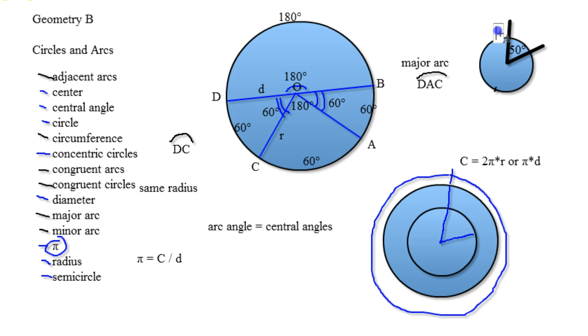Let's call this A, B, and C. So if I wanted to find arc ACB, I would just go 360 minus 50, which would be 310.